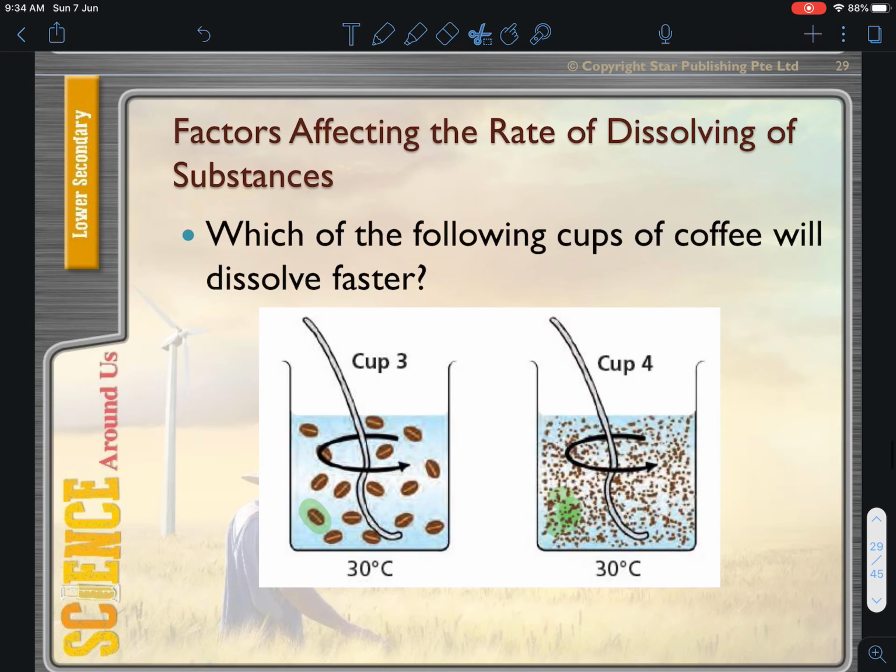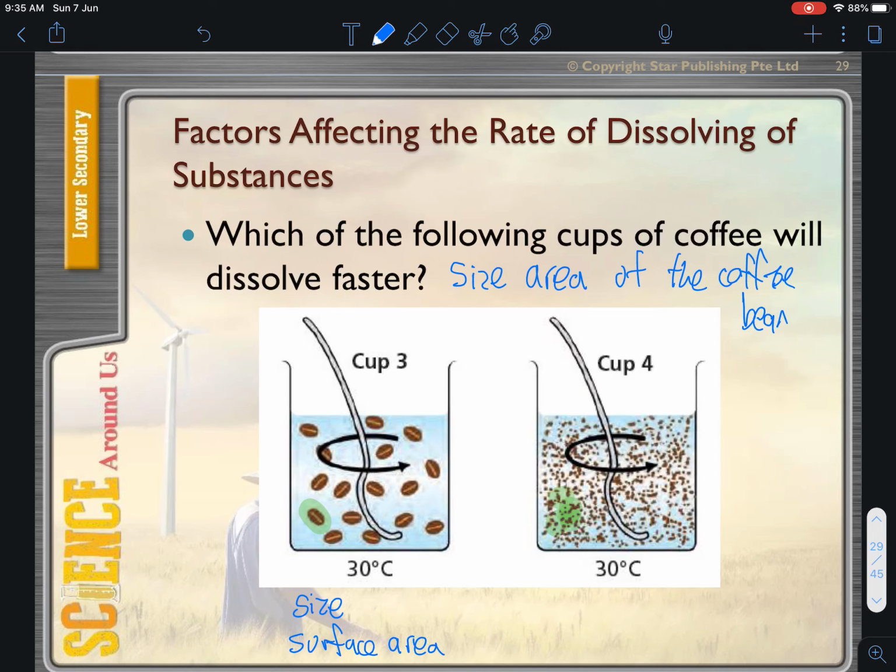So next, we look at the size. You could see that the difference is in the size of the coffee bean. One is very small in size, and the other is large. Now there is a difference between size and surface area. The smaller the size, the larger the surface area of exposure.